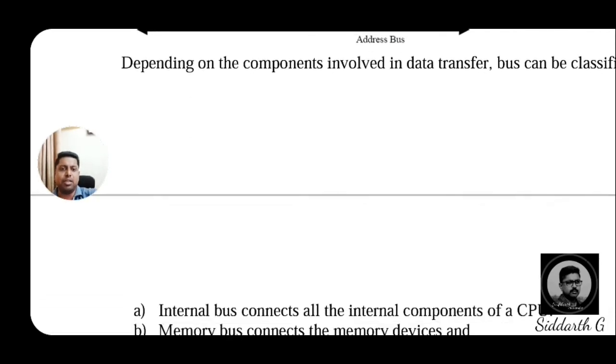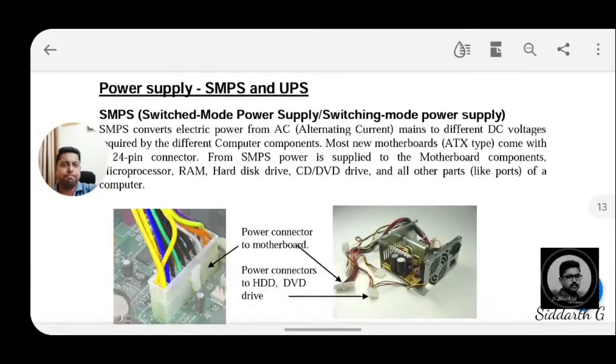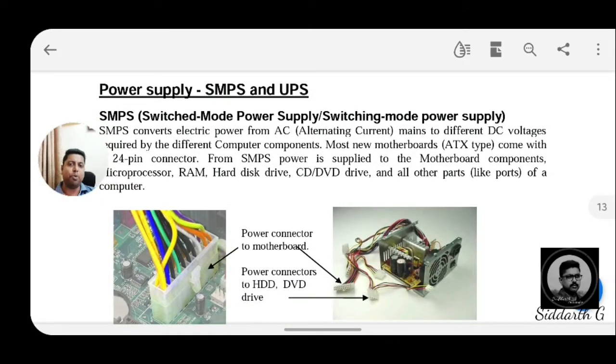Then after this, dear students, very importantly, we are coming to power supplies to the computer. Of course, whatever we have discussed until now works only after power supply. Without power, no electronics will work.